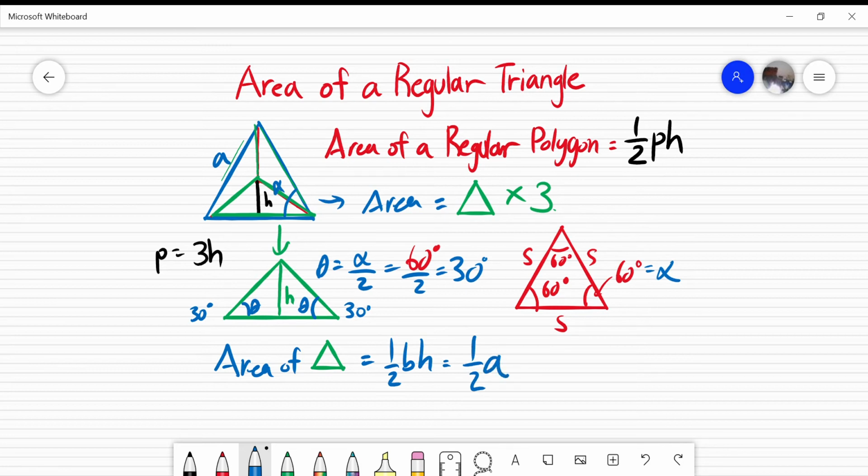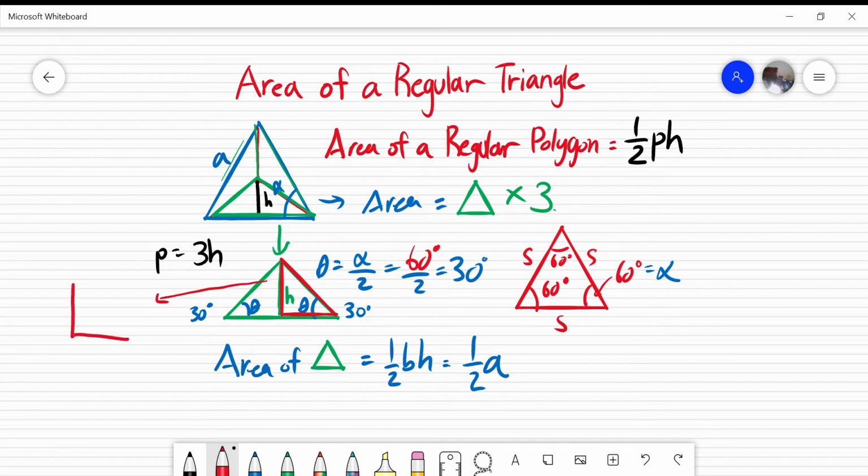What's the height? Well, to do that, we're going to need a little bit more information. So what we need to do is take this red triangle to find the height. So let's do that right over here.